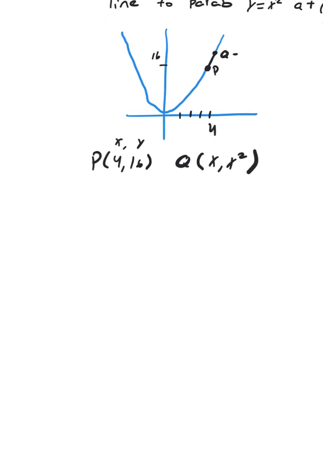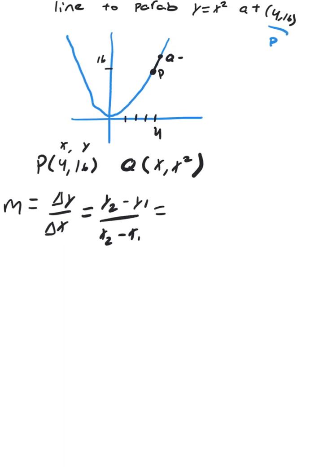All right. So in order to find the slope, slope is equal to delta y over delta x, which is also equivalent to y2 minus y1 over x2 minus x1. So let's go ahead and plug those in.